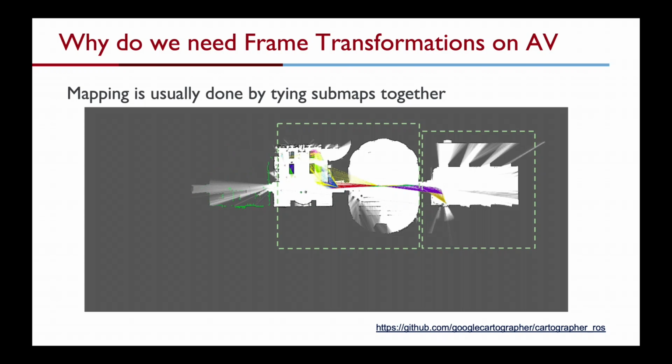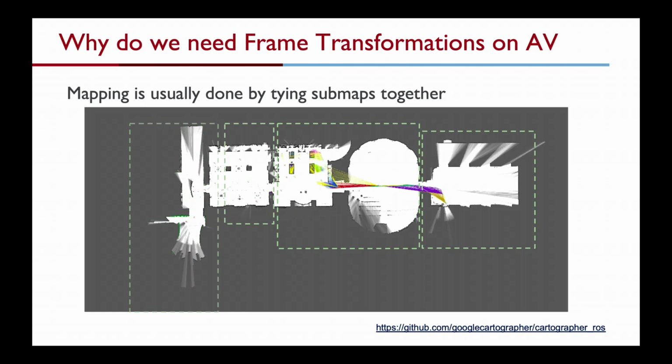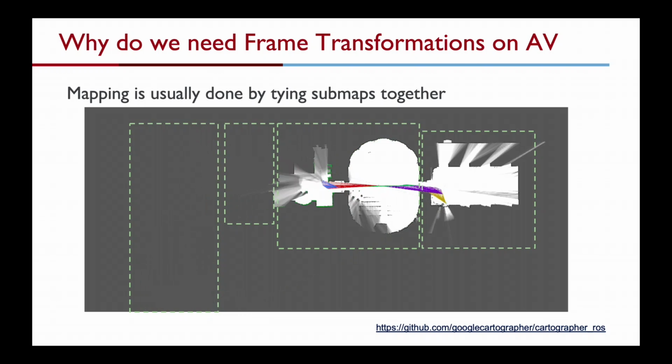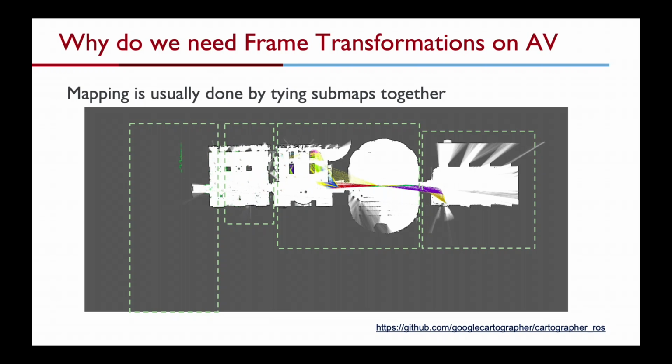Large-scale mapping is typically accomplished by stitching together these submaps, which are roughly shown in this sort of animation. In order for us to bring these submaps together, we need a common frame of reference or a common coordinate system to describe the position of obstacles and the boundaries from one map with respect to another map or with respect to the entire world as a whole.